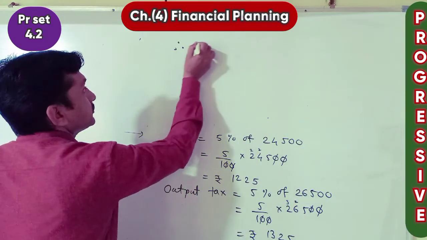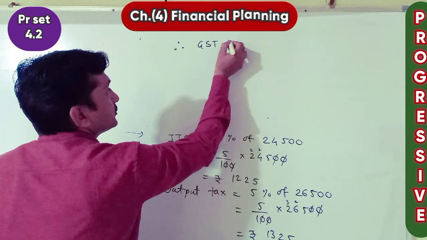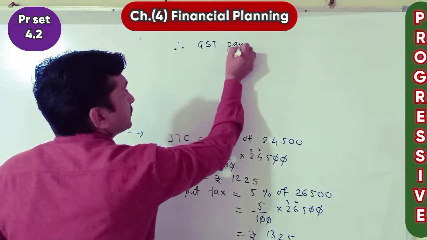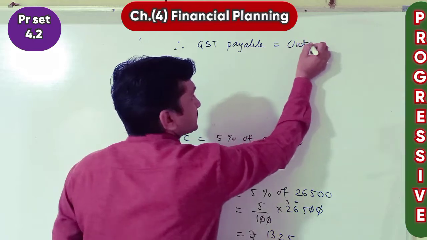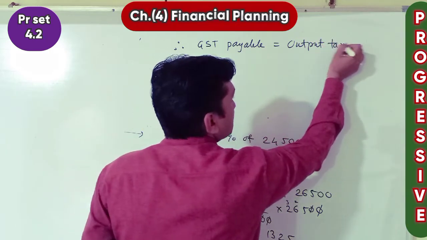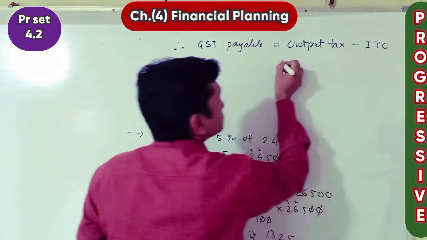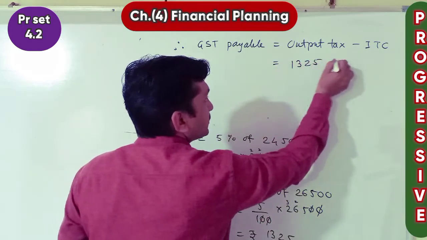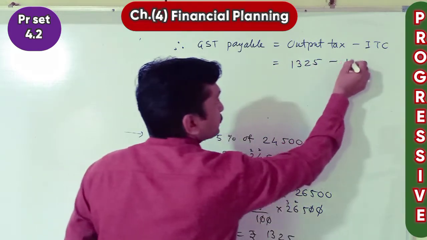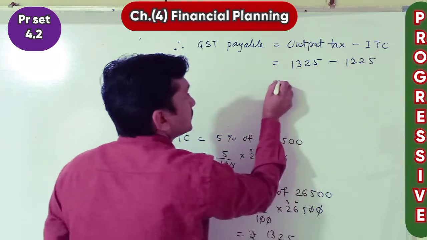Therefore GST payable is equal to output tax minus ITC. Output tax is 1,325 minus ITC 1,225 is equal to rupees.